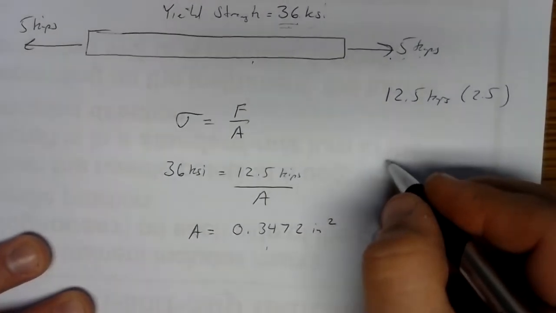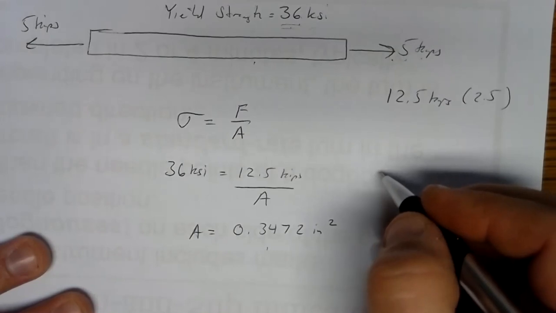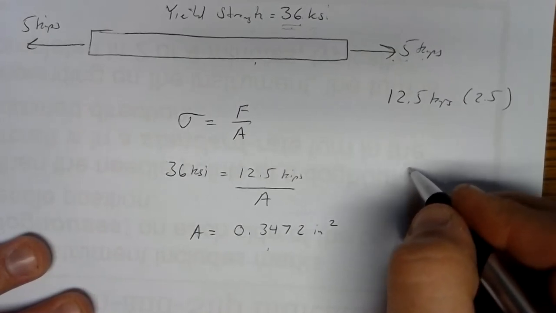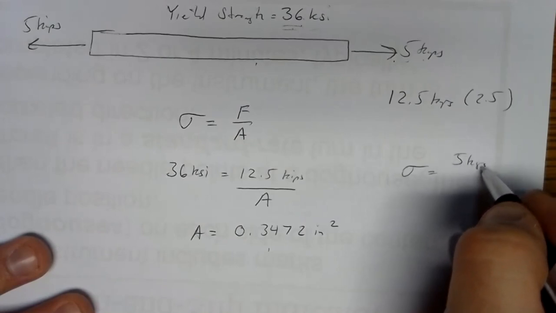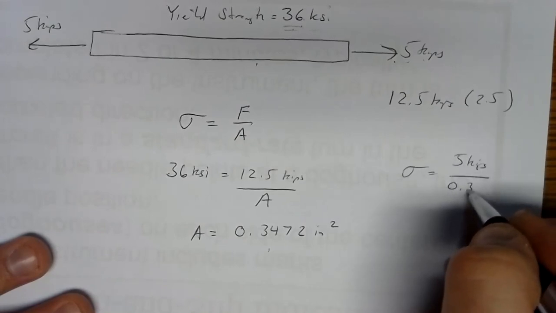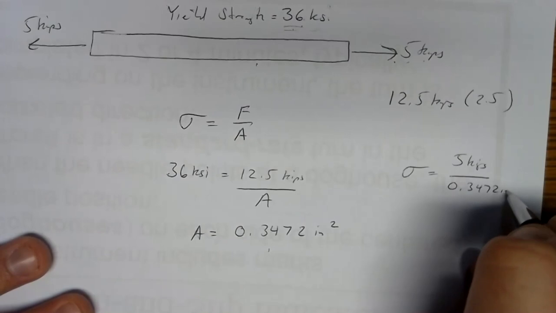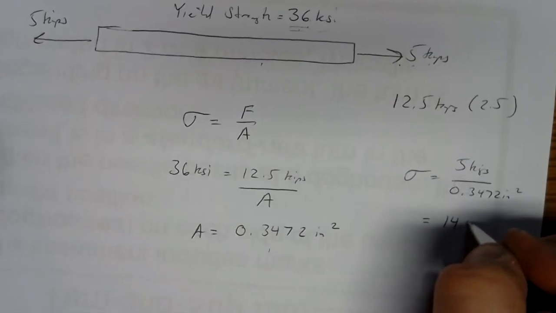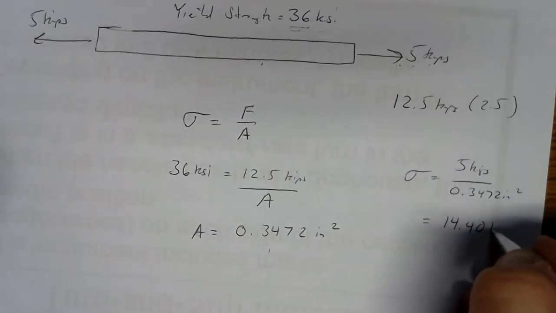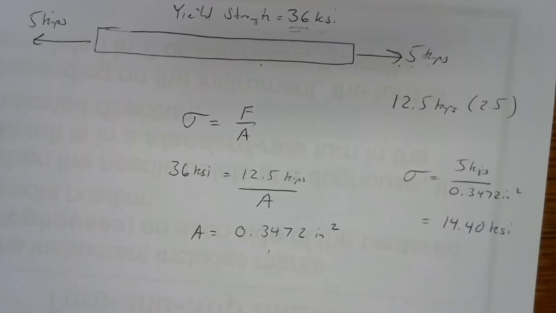So let's go off to the side here and just check our load and make sure that our stress, when we put 5 kips on it, is less than our yield strength. So if we take 5 kips and divide it by 0.3472, we get 14.40 kips per square inch, KSI.